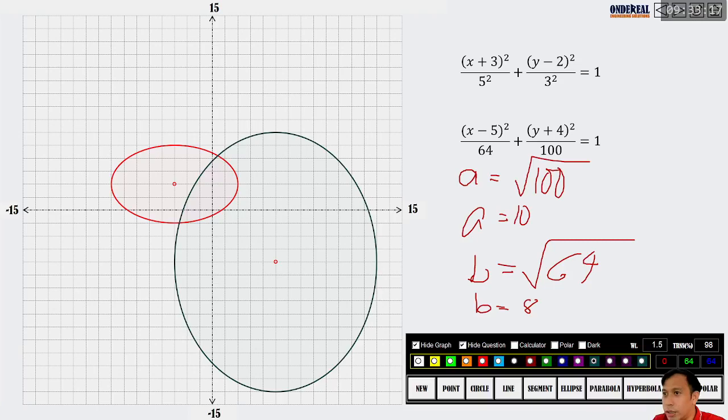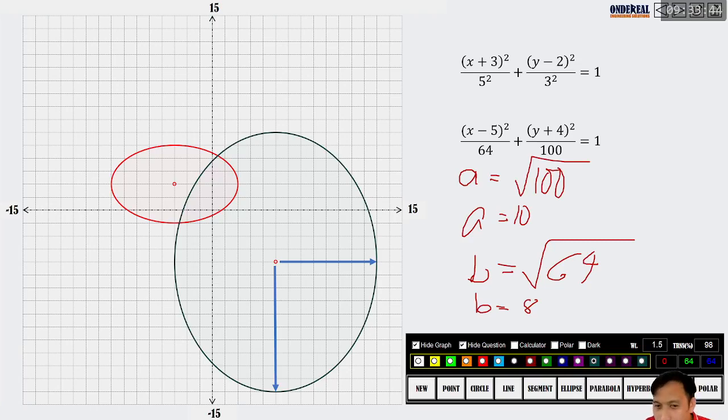Ba't ganon yung graph? Kasi as you can see here, this is equal to 8, no? Ito na yung 10. Yes!